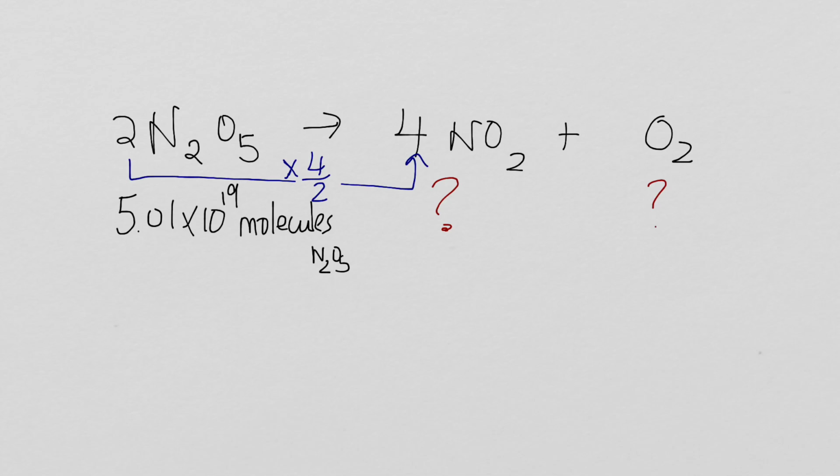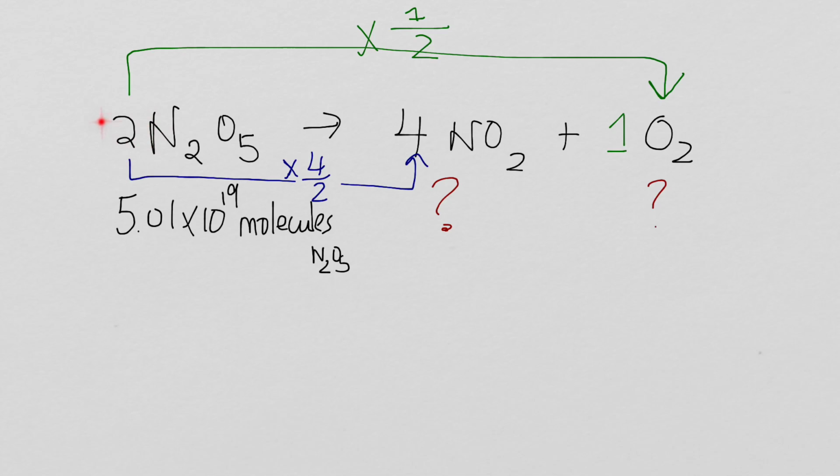We can apply the same method here and say, well, if we want to figure out the number of molecules of oxygen that's made, all we have to do is multiply by, this is a 1 here, it goes in the numerator because it's the quantity we want to calculate, 1 over 2. 2 coming from the quantity that we already have, that's given.